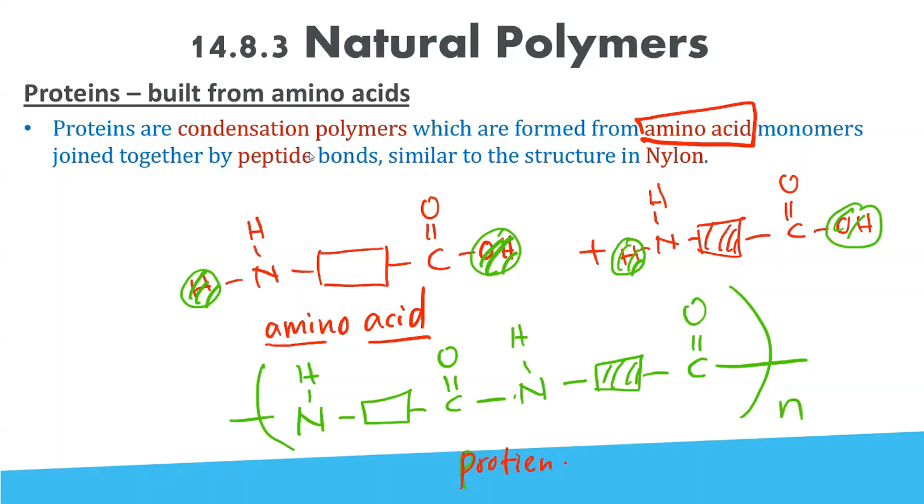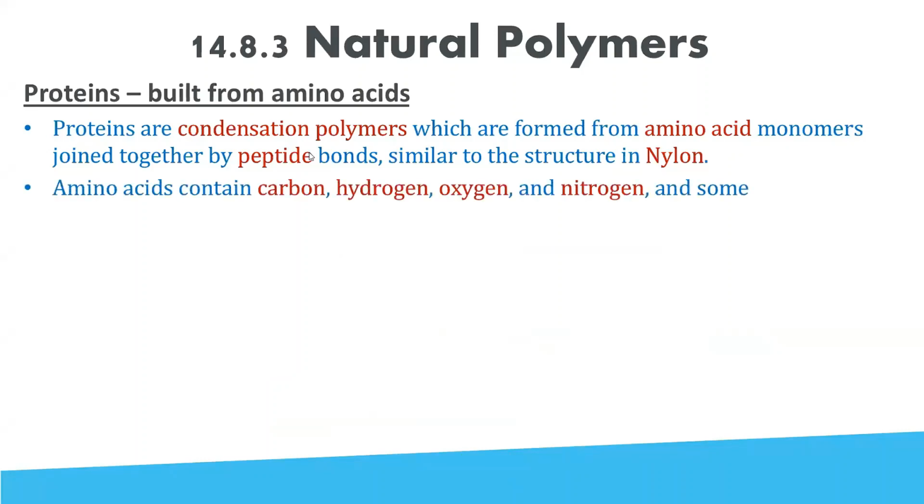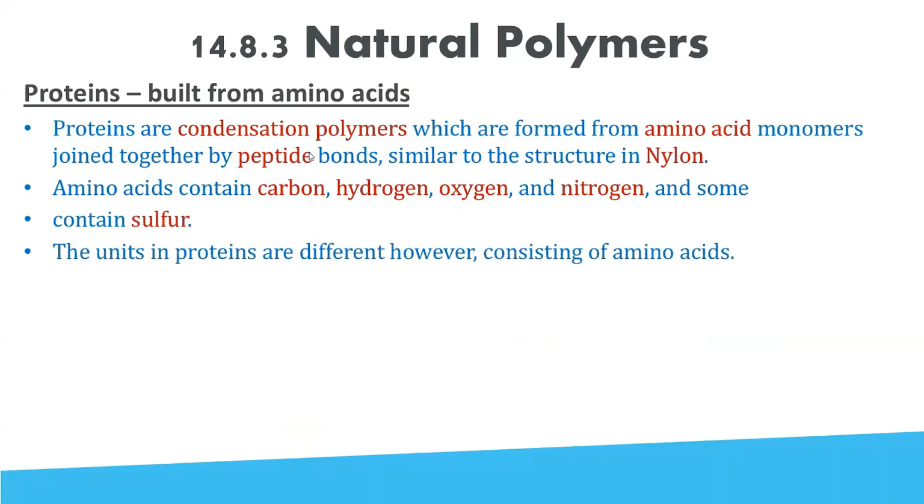And as you can see, just like nylon, it has C double bond O, NH, which is the amide linkage. That's why nylon and protein have the same linkage, amide linkage. I hope that if the structure of the monomer is given, you should be able to draw the structure for protein as well.